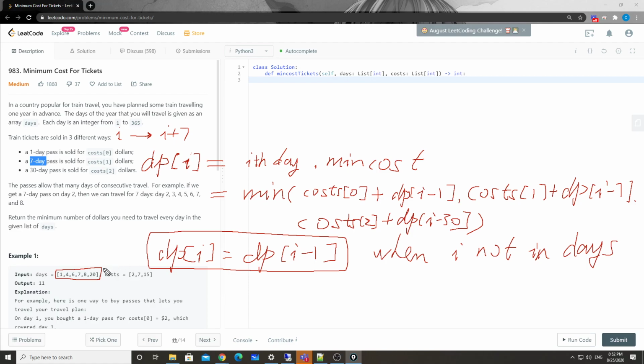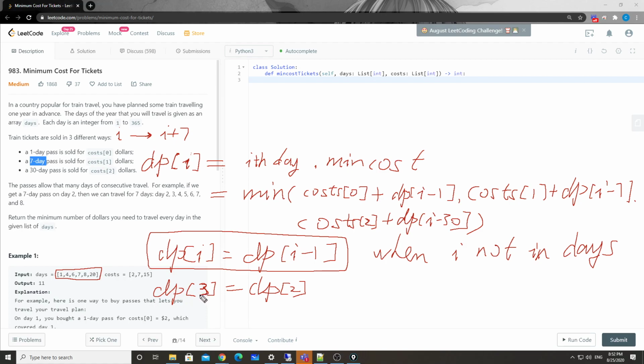For example, if we are calculating dp[3], dp[3] is not one of the days where we need to travel. So it means it is equal to dp[2], because we don't need to purchase any tickets on this day.